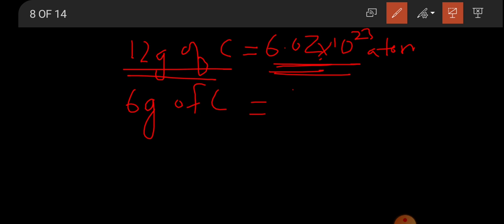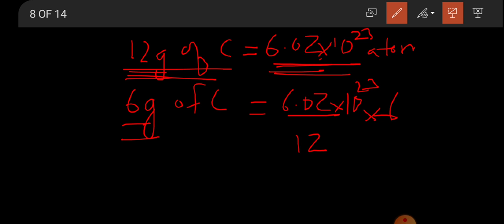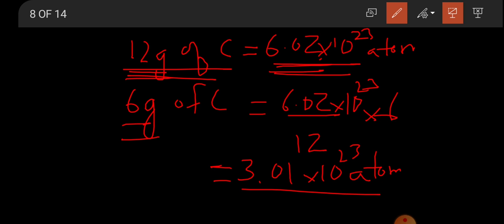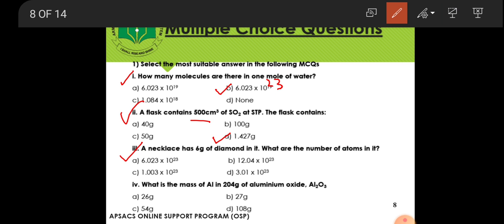The answer will be 6.02 into 10 raised to power 23 divided by 12 multiplied by 6, and your answer will be 3.01 into 10 raised to power 23 atoms. In 6 grams of carbon, this many atoms of carbon will be present. So the correct answer is D part.